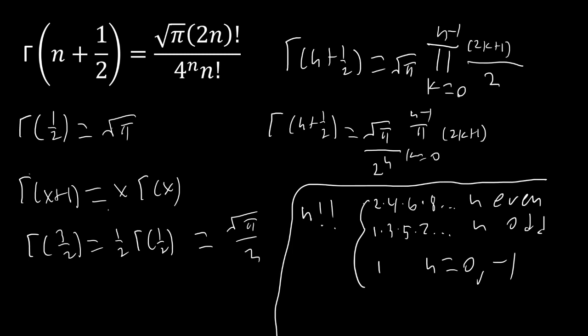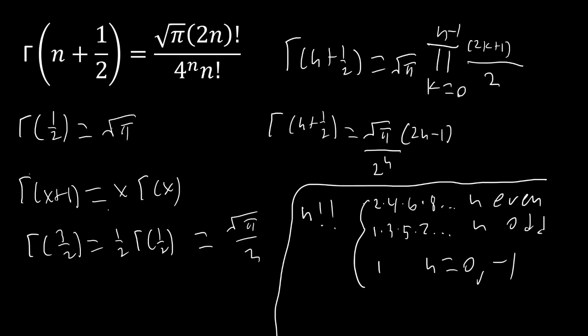And so that's going to be very helpful to us. So in this case, since we're multiplying up all the odd numbers up to 2n minus 1, yes, because if you plug in n minus 1 into the argument of the product function, then you'll see that the last one we're multiplying is 2n minus 1. This is just 2n minus 1 double factorial.